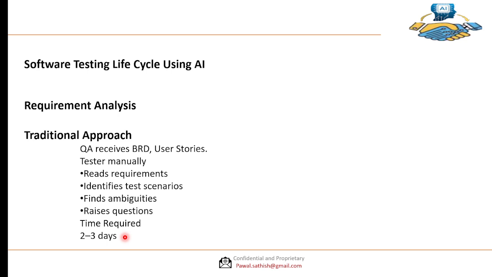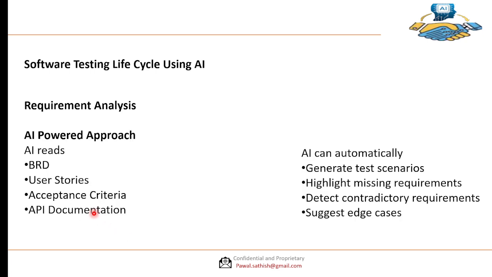But if we are using AI, AI reads the business requirement documentation, user stories, acceptance criteria, and API documentation. AI can automatically generate the test scenarios, highlight missing requirements, detect contradictory requirements, and suggest edge cases.